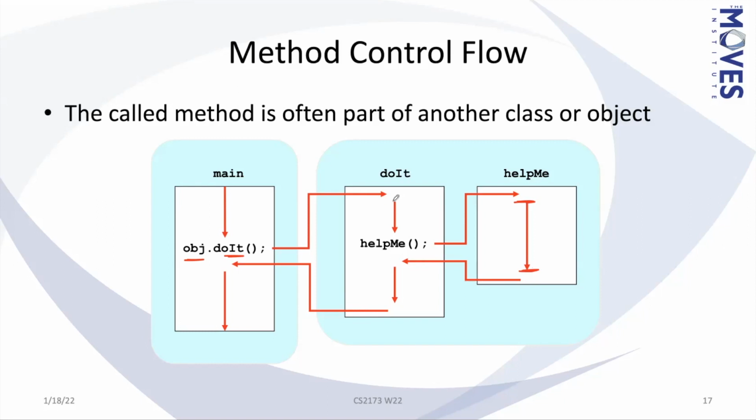The doIt method goes from its top to its bottom, although in between it took a little detour. Even the main method starts at the top and executes line by line. In this case, it hits a detour, goes to the doIt method of this particular object, which in turn took another detour to the help me method, returned, finished the doIt method, returned here, and then finished the main method.